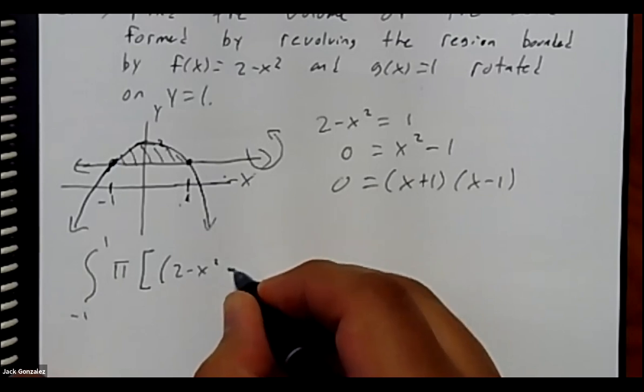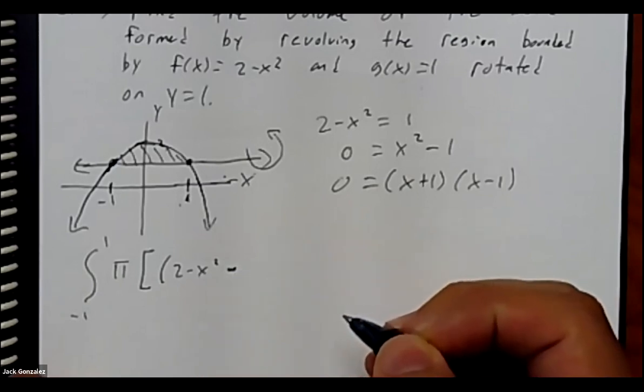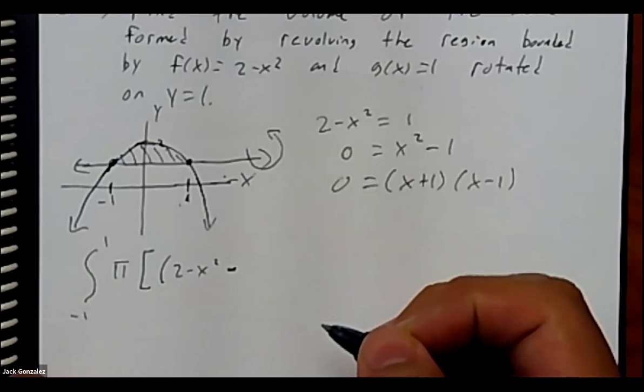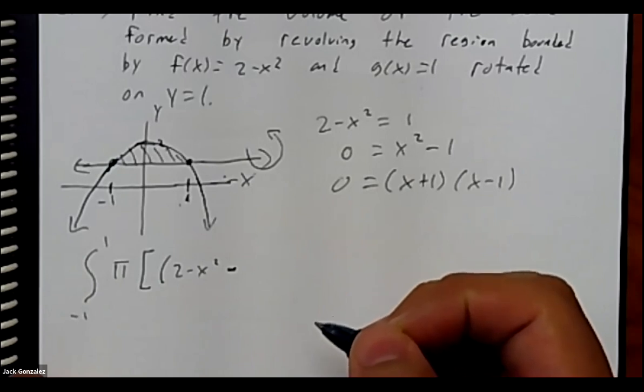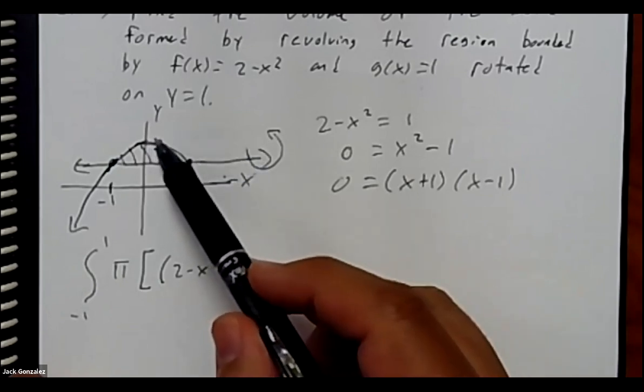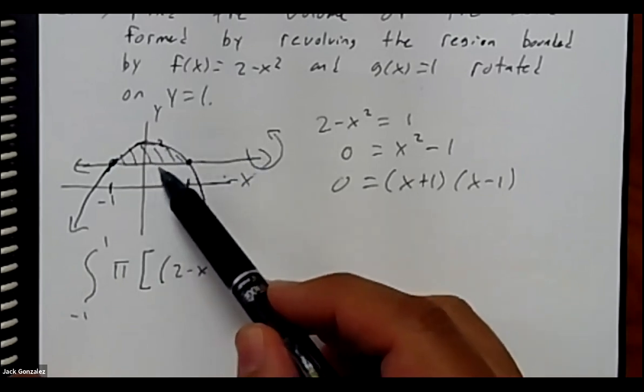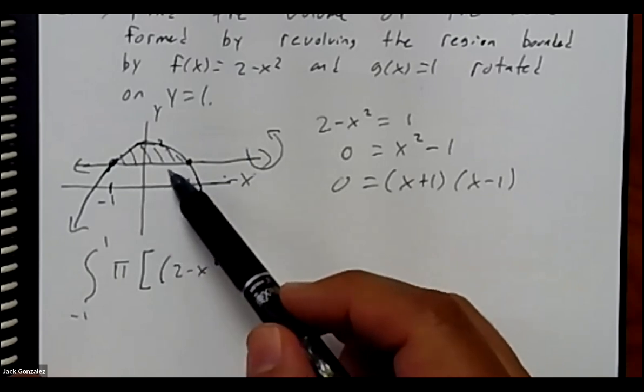Minus the bottom. What's the bottom function of the region? At the top is a parabola. The bottom is this line. What is that line as a function? y equals 1. Yeah, it's the 1, right? So we have to put that 1 right there.